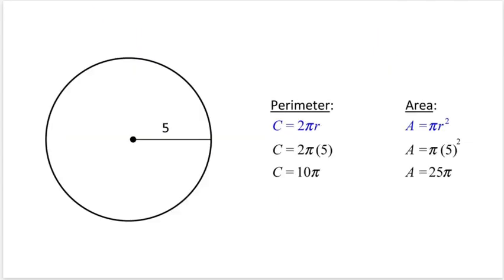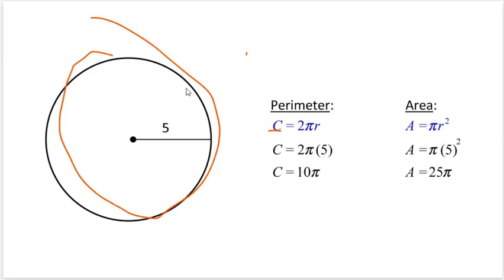Now, when it comes to a circle, the perimeter of a circle is also known as the circumference, this C here. When we're finding the perimeter of a circle, it's 2 pi r.